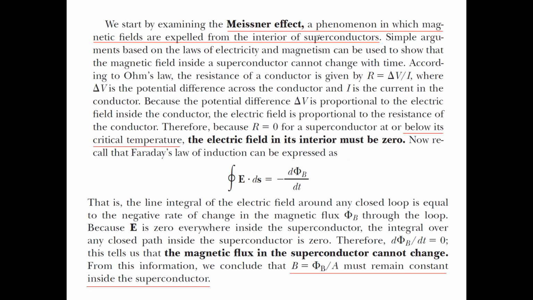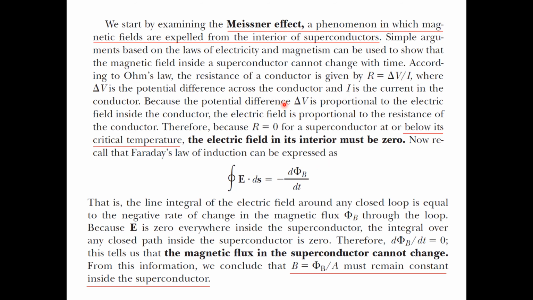The Meissner effect is a phenomenon in which magnetic fields are expelled from the interior of a superconductor. So let's read this one. According to Ohm's law, the resistance of a conductor is given by R = ΔV / I, where ΔV is the potential difference across the conductor, and I is the current in the conductor.